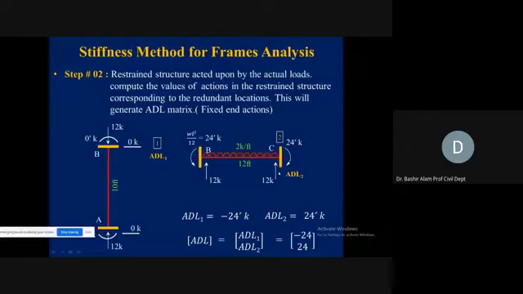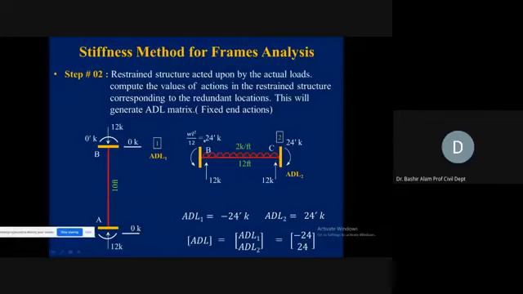Now to make the ADL matrix at joint B, we need to add up whatever corresponds to D1. So to D1, the first action is 0. And then we have counterclockwise 24 kip feet. So it is 0 minus 24.